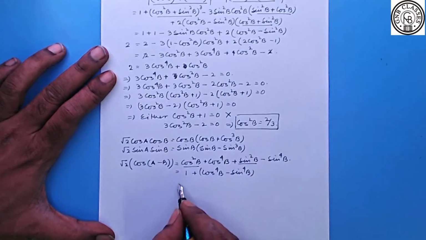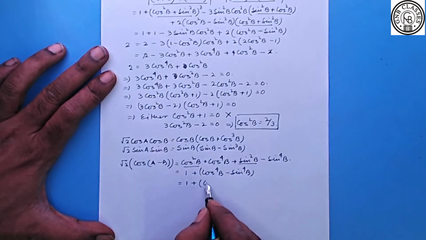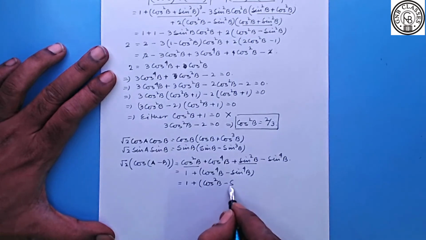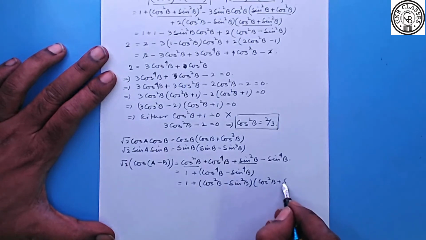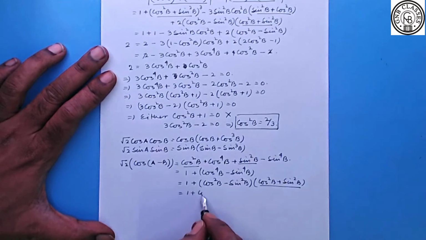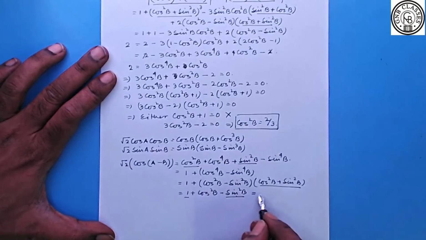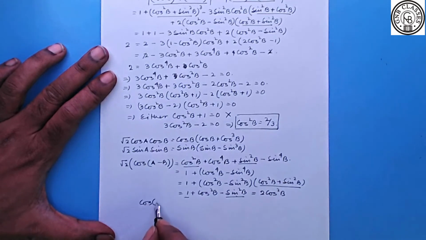Now I'm applying the a square minus b square formula, so we are having (cos square B minus sin square B) into (cos square B plus sin square B). Again, this part will give you 1. So we are left with 1 plus cos square B minus sin square B. 1 minus sin square B will give you cos square B. So it is nothing but 2 cos square B. Is it clear or not? Absolutely. Okay. So we are having cos (A minus B) as 2 by root 2 cos square B.